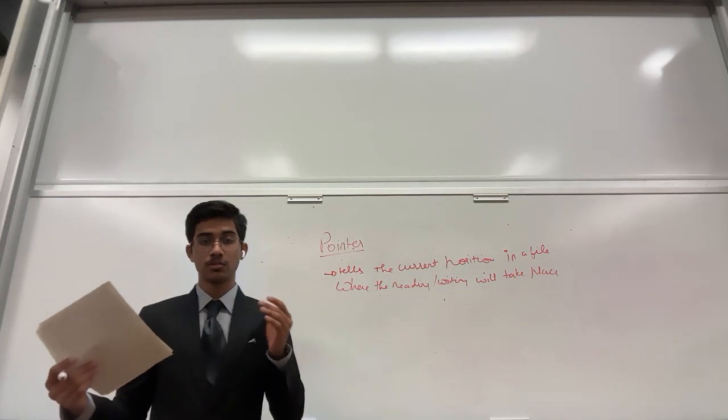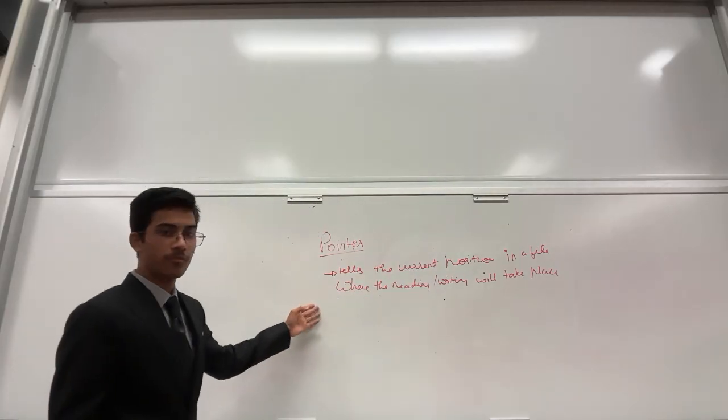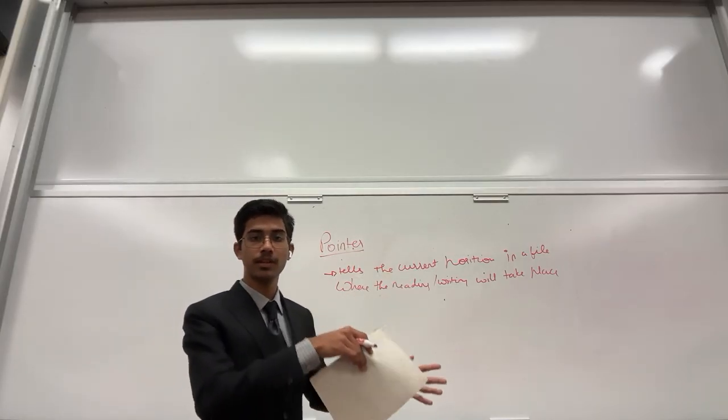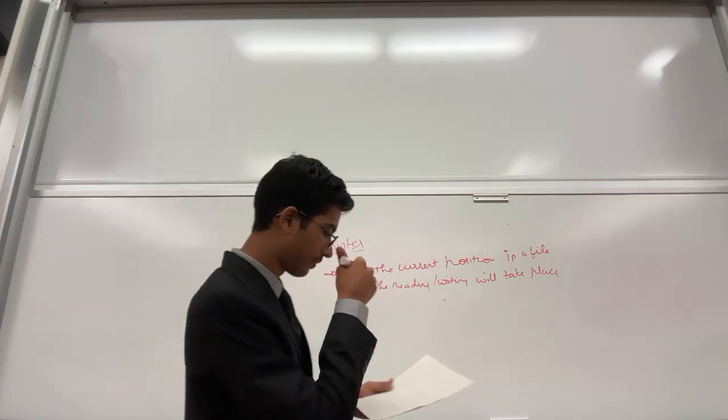So what that means is similar to someone pointing to where the restaurant is. This file pointer will point to the position in the file where the reading or the writing will take place from.